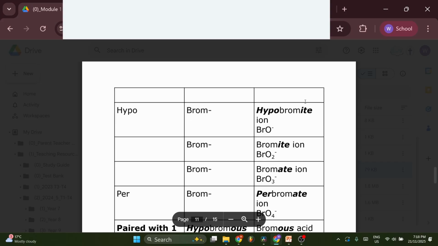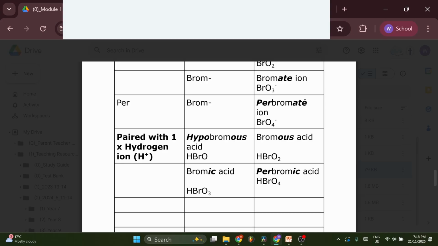Similarly, you can have the bromine part of things. Hypobromite, BrO-, bromite, BrO2-, bromate, BrO3-, perbromate, BrO4-. In acidic form, they are hypobromous acid, bromous acid, bromic acid, perbromic acid.